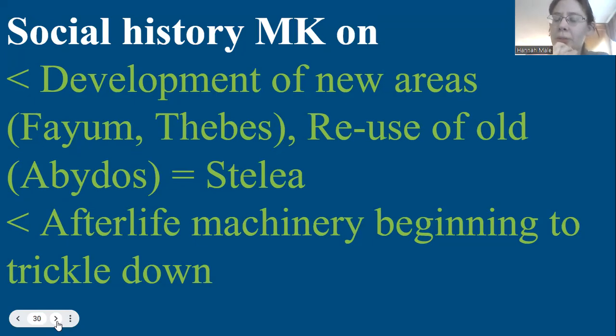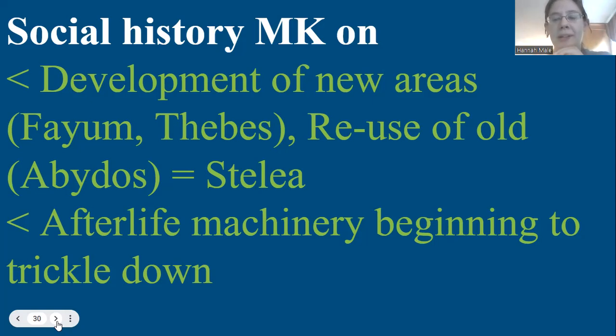Thebes also develops from sort of a backwater region of Egypt to one of the most important cultural and religious places, and that leads to a lot more material culture. And then there's reuse of sites from the Old Kingdom as well. So we've seen that with Saqqara, and we see it with Abydos as well.